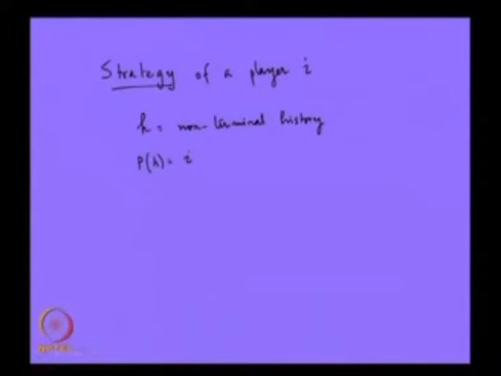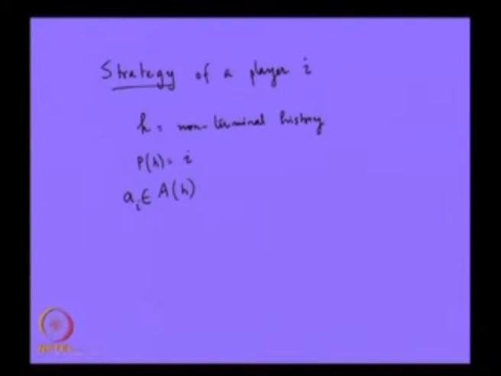So, if I apply this player function over h and I get that P(h) is equal to i, and suppose that I have this set of actions A(h) which can occur after this non-terminal history h, then the strategy of i should tell me what is the action that i should take from this action set, from this A(h).